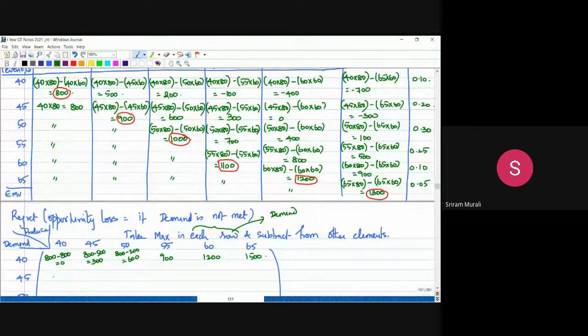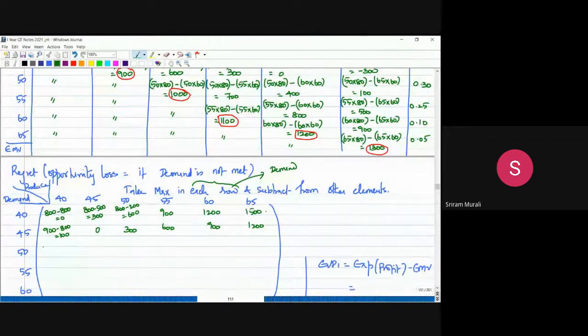What is the second row maximum? 900. So 900 minus 800, that is equal to 100. The rest are 0, 300, 600, 900, and then 1200. What is the third row maximum? 1000. So 1000 minus 800, 200.